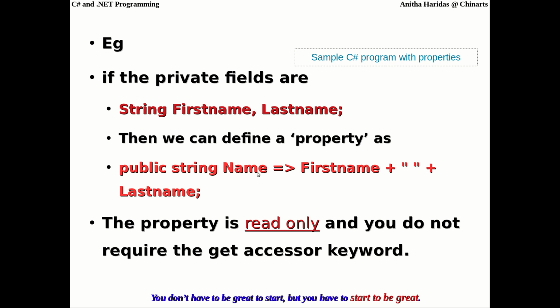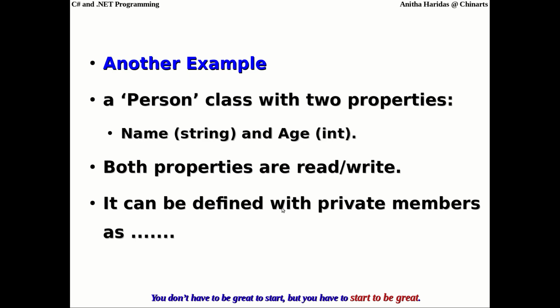So I am going to return the name of the person as Amrita, one blank space, then Mohandas. This kind of property, if you are using shortcut syntax, is read only and you do not require the get accessor keyword. Here I am not using the get keyword. I am simply using this shortcut syntax.